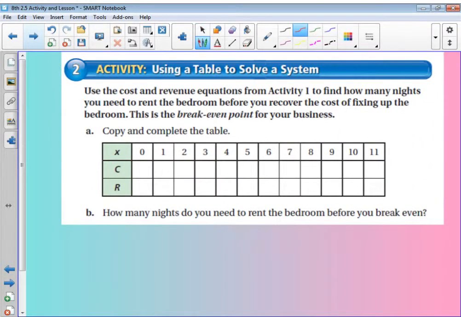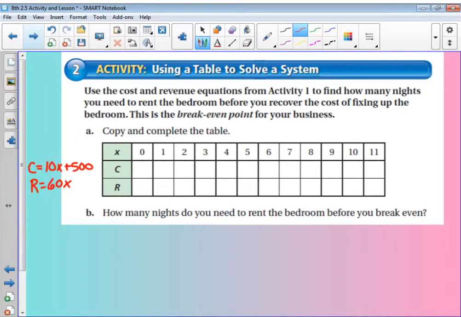So my equation for our cost for our family was $10 per night plus the $500 to renovate the house. And then our revenue was our income, and that was $60 per night. So there's our two equations.